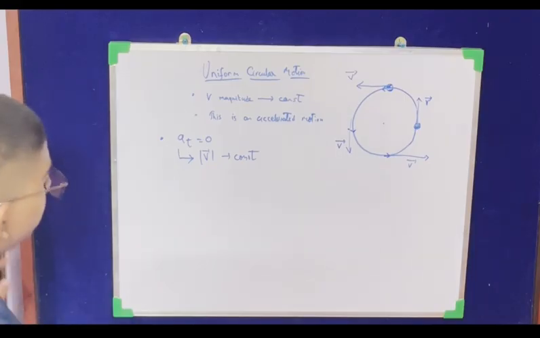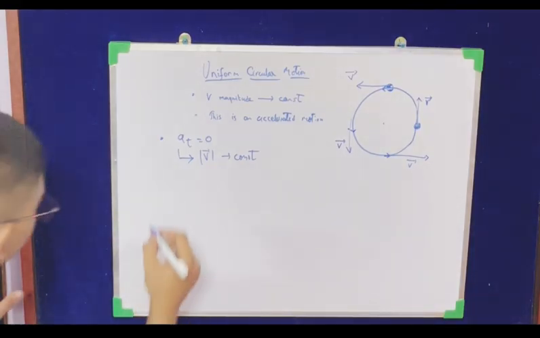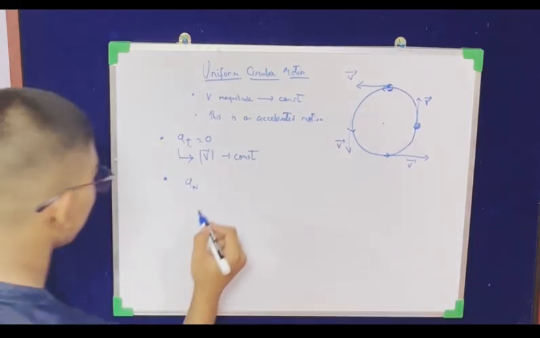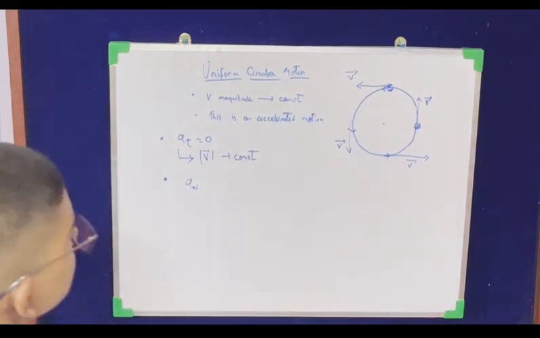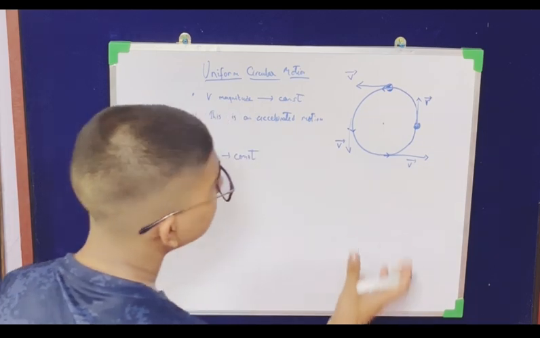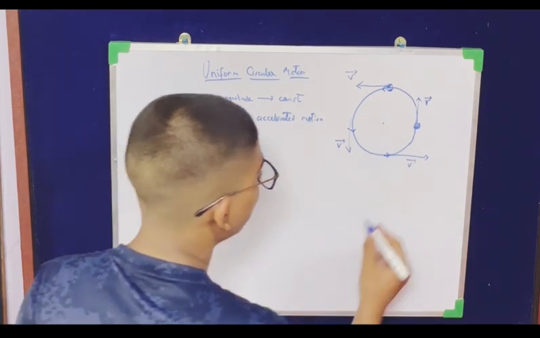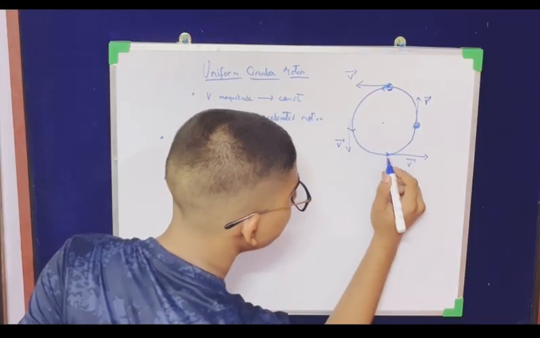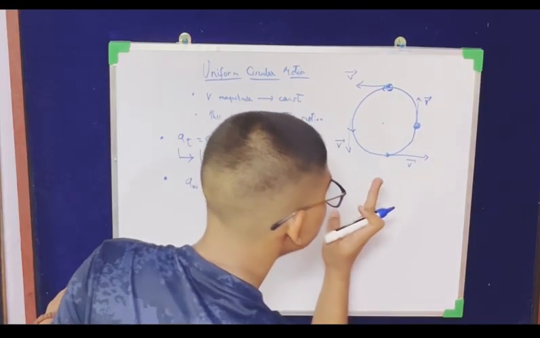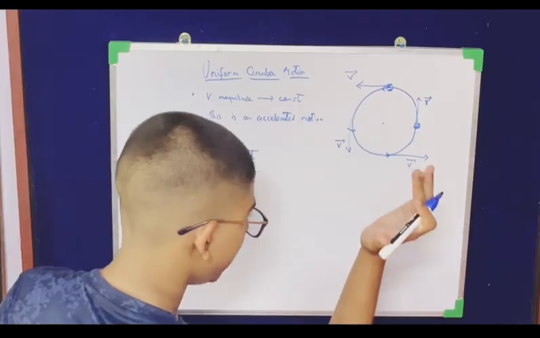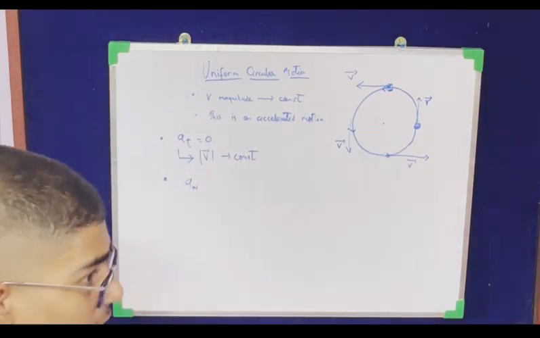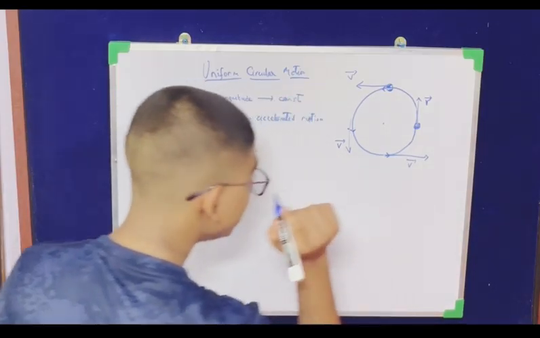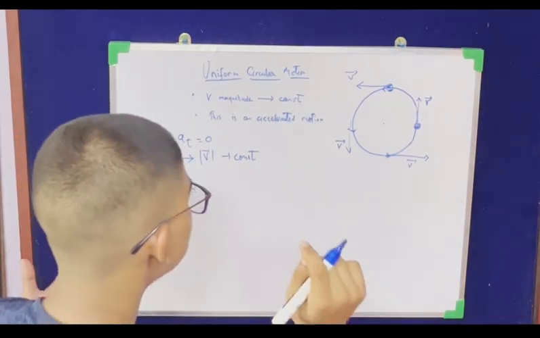Now let us talk about the normal acceleration. In this case, we'll see that as the direction is constantly changing, when the object is here, it is going upward, so something is pulling it upward, right? Some force or something. Whenever there is a force, there is an acceleration. So in this case, what acceleration is working?